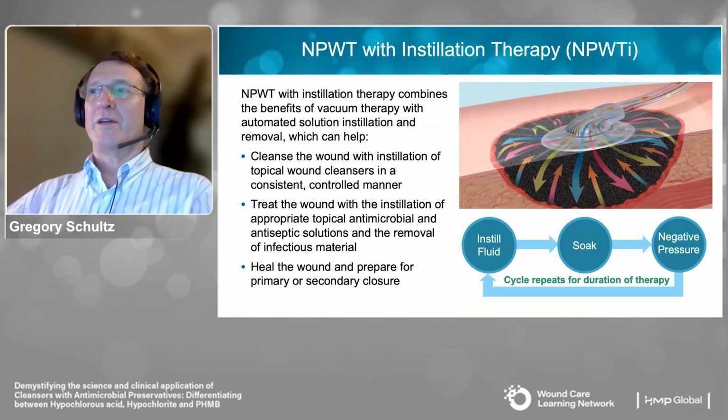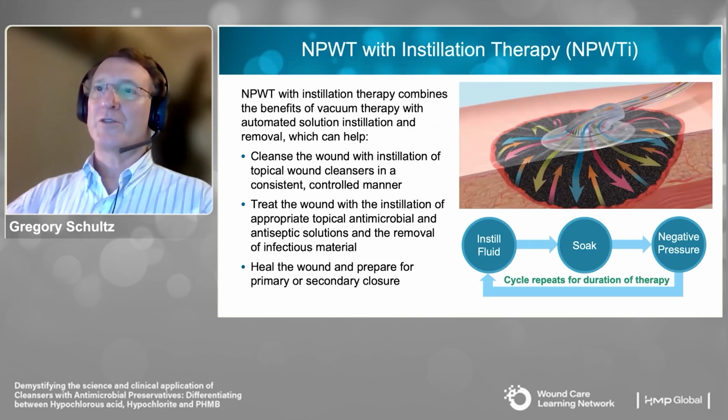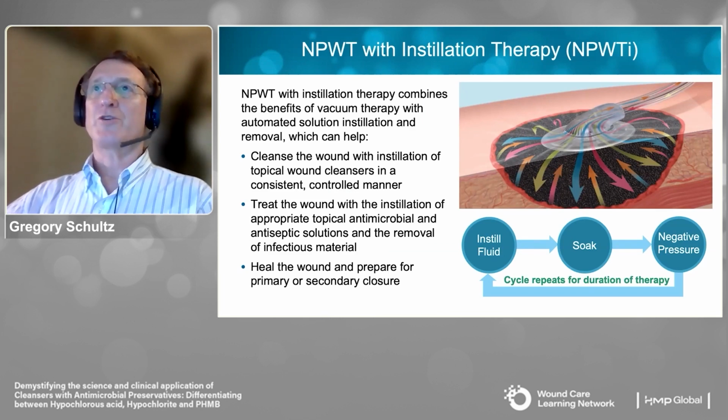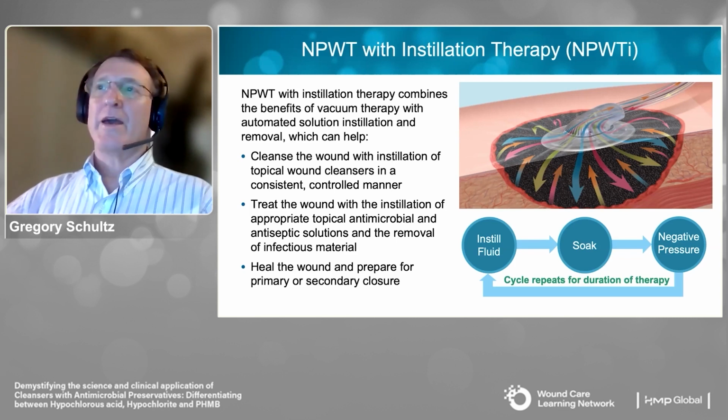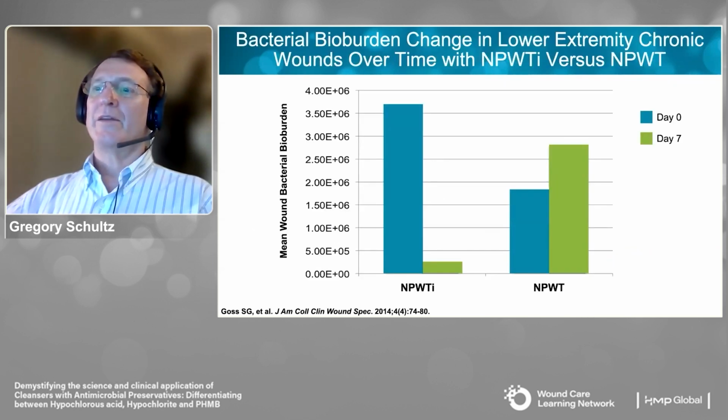As you'll hear in the subsequent clinical presentations, one of the most important and emerging applications is to use negative pressure wound therapy with instillation, especially if a hypochlorous acid form is used as the instillation fluid.